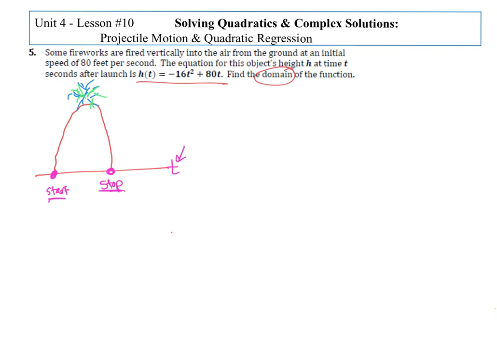So what we're going to do is take the equation, negative 16t squared plus 80t, and for starting and stopping, we're always setting it equal to a given height, because it's set equal to h of t, which is height. And starting and stopping are on the ground. So we're going to set this equation equal to 0 because 0 represents no up or down, just on the ground.